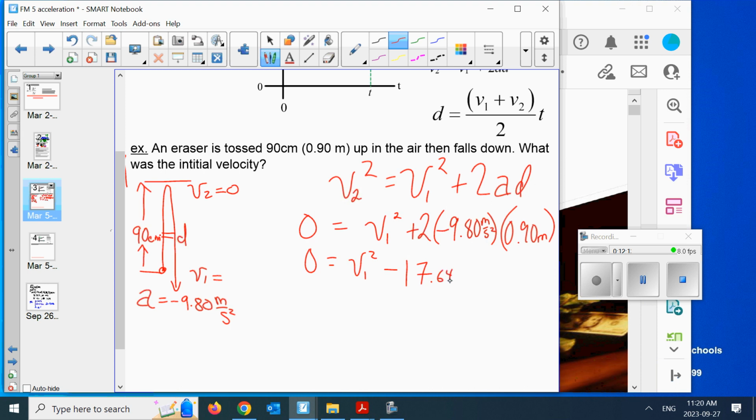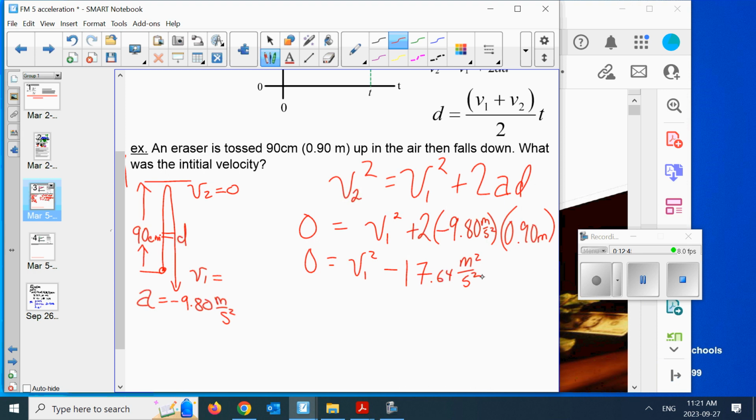What are the units here at this moment? Nothing canceled out there, and that's good.